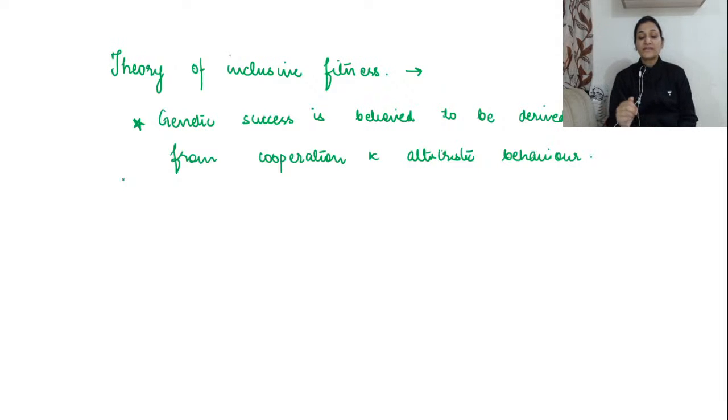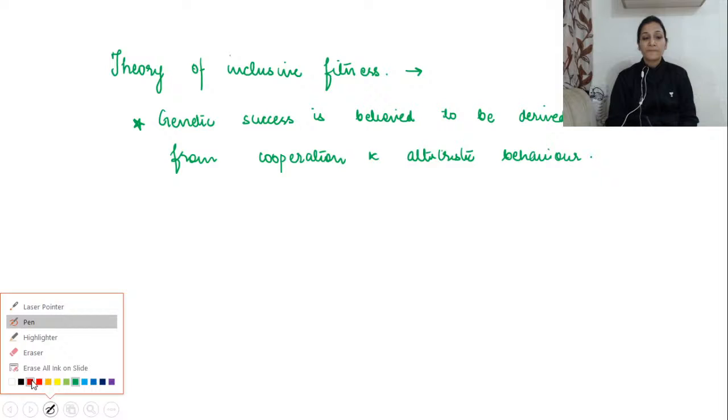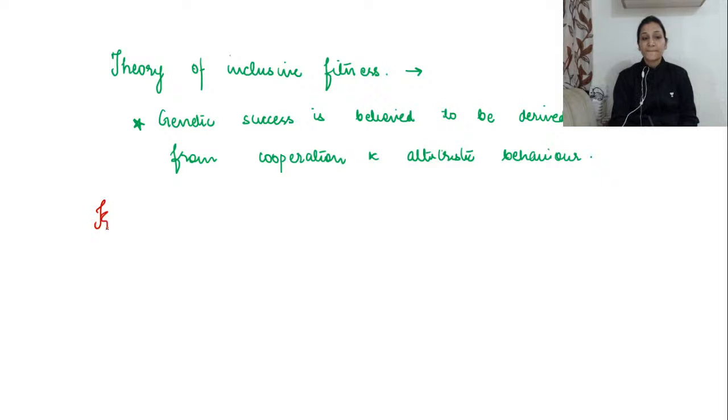So inclusive fitness applies only to the relatives, and this is also called kin selection.